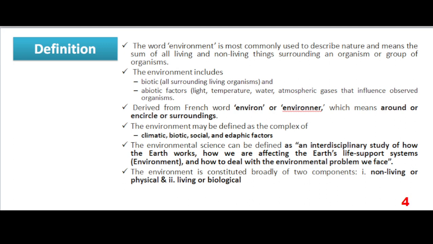The environment includes biotic, meaning all surrounding living organisms, and abiotic factors, that is light, temperature, water, and atmospheric gases that influence observed organisms. In a nutshell, the environment is the total of all the conditions, physical, chemical, biological, social, cultural, and economic, surrounding the human being at a given point in space and time.